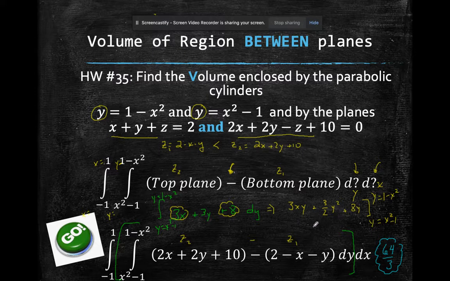And then I had to integrate again with -1 and 1, right? And then I got my 64 thirds when I did with respect to x. All right, good. See if you get what I get, and I'll see you in our live session.